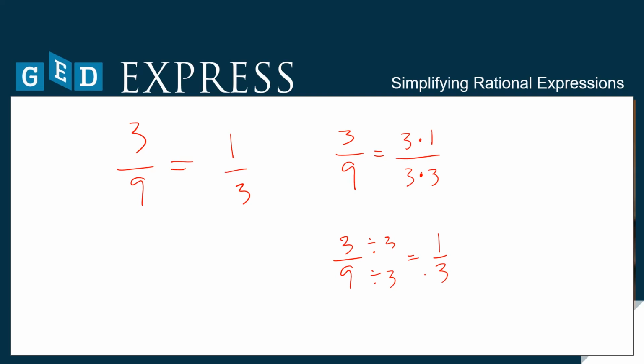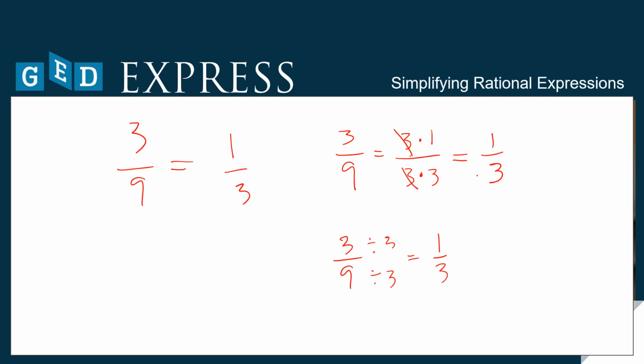One way to think of this is that you cancel out the 3 because it was a factor of both the numerator and the denominator. The remaining answer is 1 over 3. Now, thinking this way, to simplify an algebraic expression, you can cancel out any factors shared by the numerator and the denominator. Let's try this idea on simplifying rational expressions.